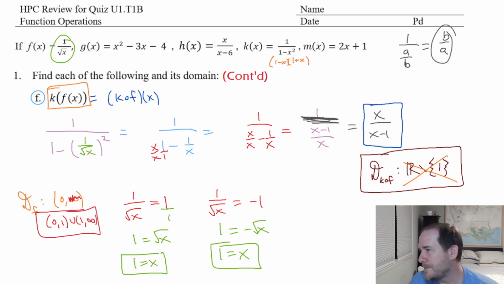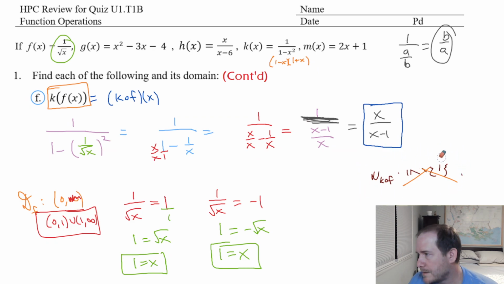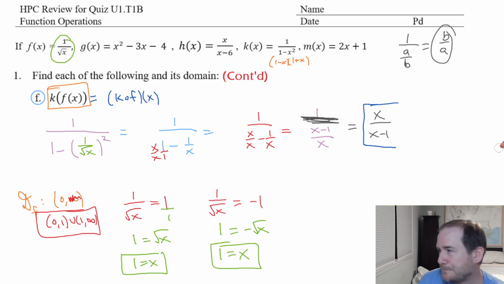So, again, that means this is bad. And that does mean that our original expression is really not great. So what's our domain? The domain of k composed with f.